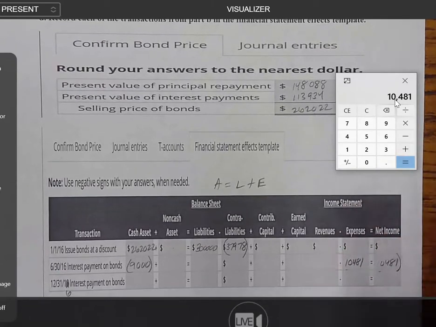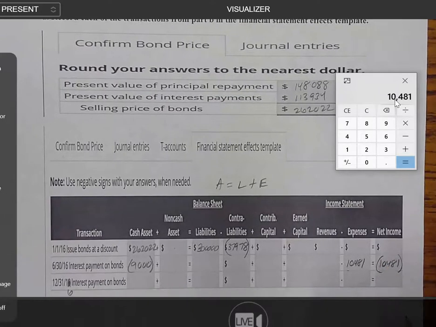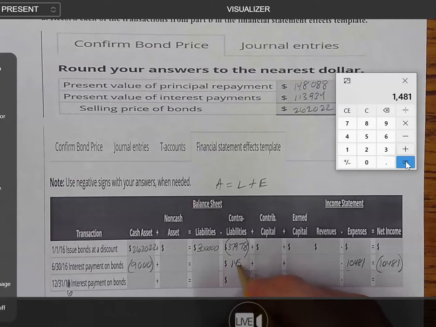So there's a negative impact to net income of 10,481. But we also need to adjust this contra liability here. And we need to do that by the difference of interest expense minus interest paid of $9,000. Okay, 1,481. And that figure is going to go right here.